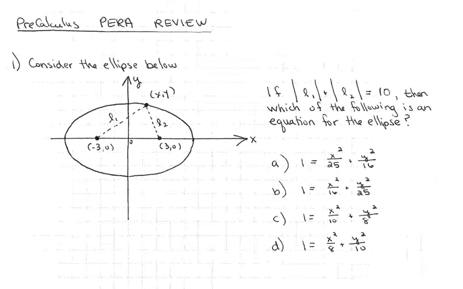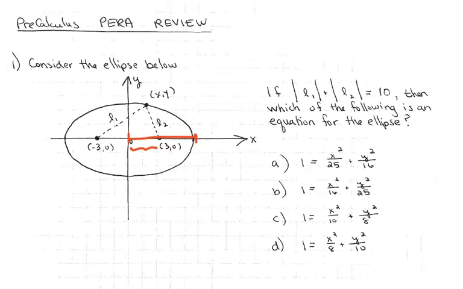So something we didn't tell you, the length of L1 plus the length of L2 is going to equal 2a. Remember that a is the distance from the center of the ellipse to one of the vertices. 3, 0 and negative 3, 0, those are the foci.